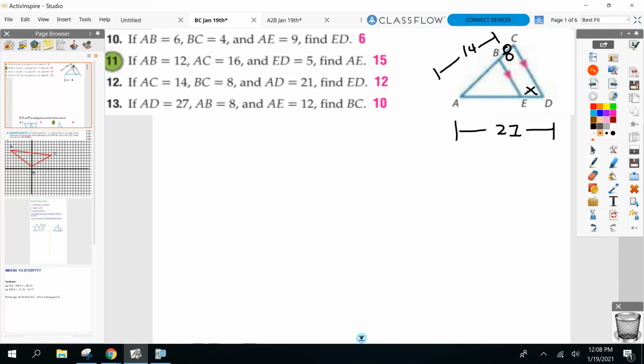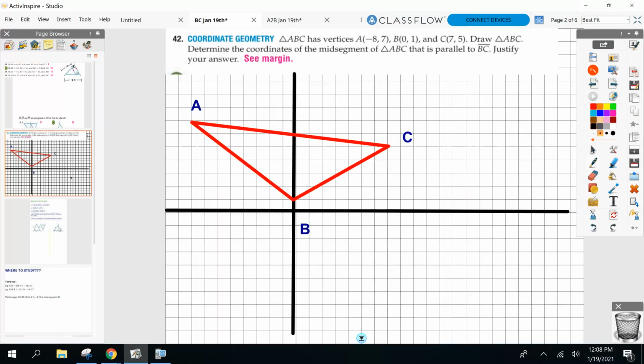For number 42, was the answer format supposed to be two coordinates? For number 42, it said find the mid-segment of ABC that's parallel to BC. So the mid-segment that's going to be parallel to BC is going to be the midpoint of AB along with the midpoint of AC.